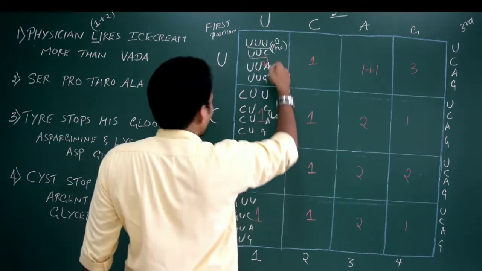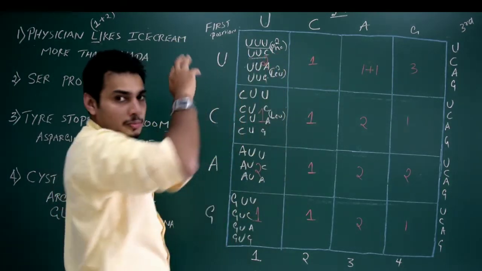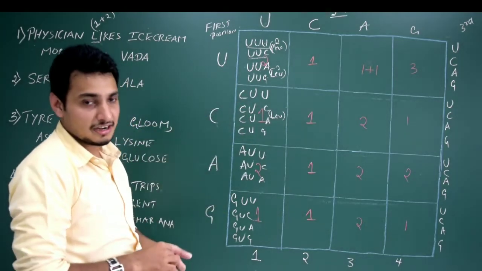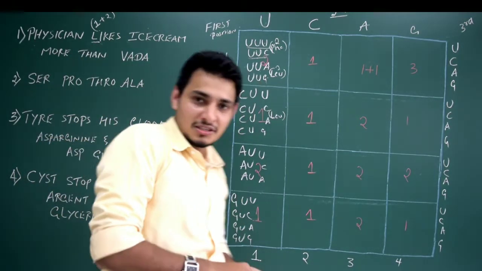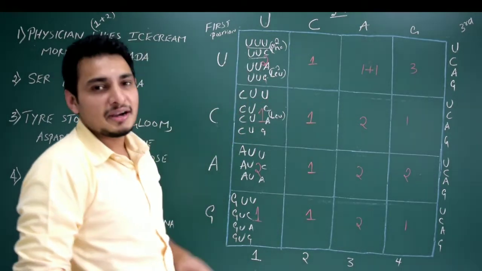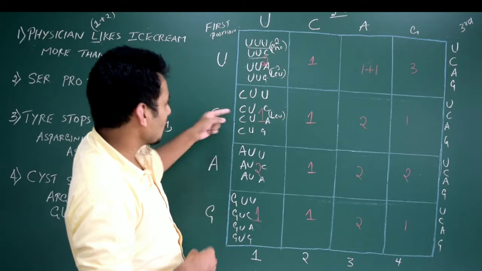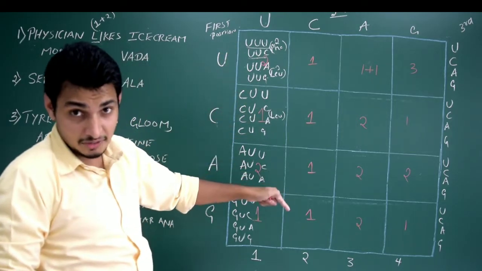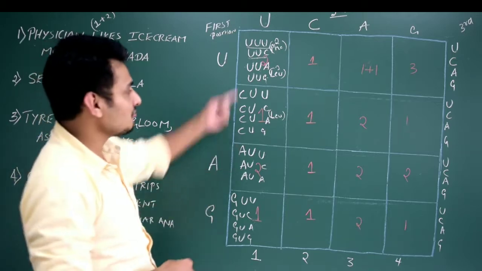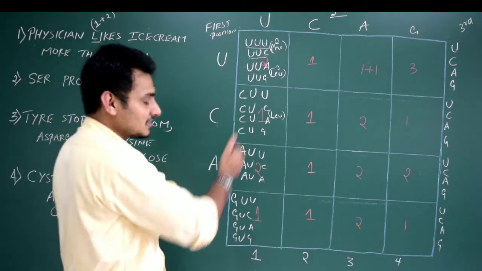So that means leucine is already coded by these 2. Again the leucine is now coded by these 4 different types. So one thing is clear from this, that the same amino acid can be coded by different codons, correct? Yes. Okay. So a particular amino acid can be coded by different types of codons. So it is understood. It's very easy.